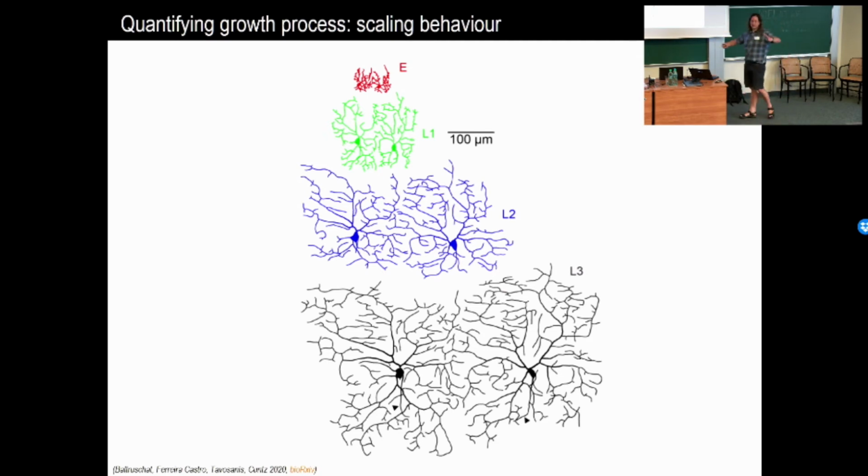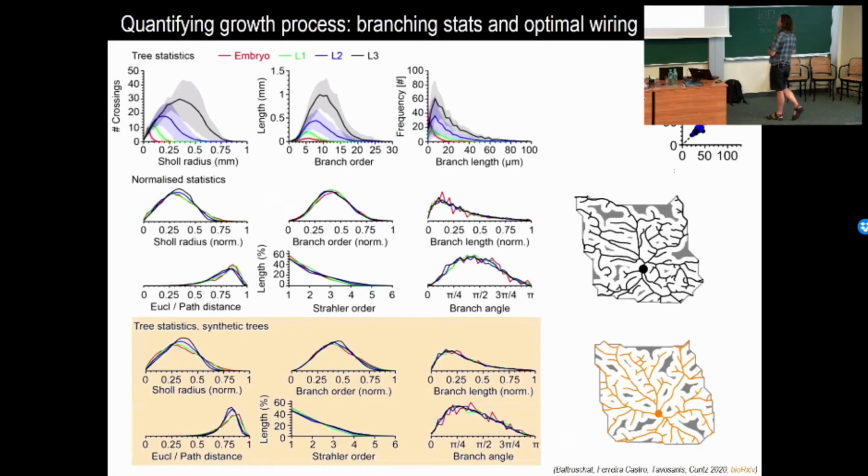Obviously, the larva becomes larger, so there's some kind of stretching that happens. But obviously, also there are more branches that are grown additionally. Yeah, and to make it a little bit short here, at first, if you look at simply the data, many of those branching statistics from one time point, the colors correspond here to the developmental stages, if you normalize with the size, then the branching statistics are basically identical.